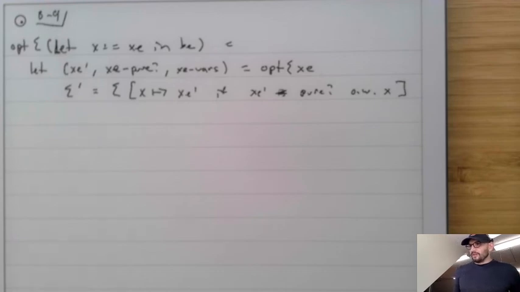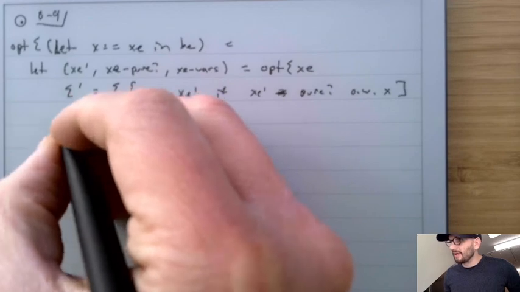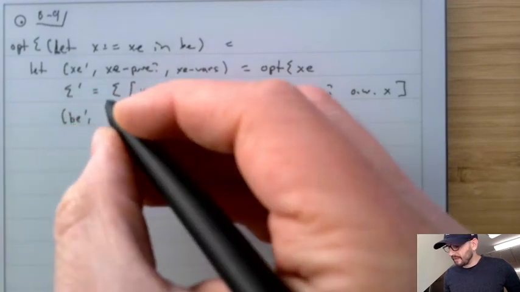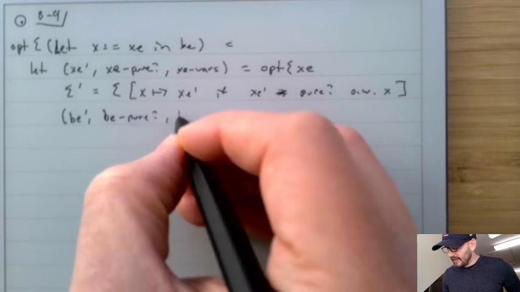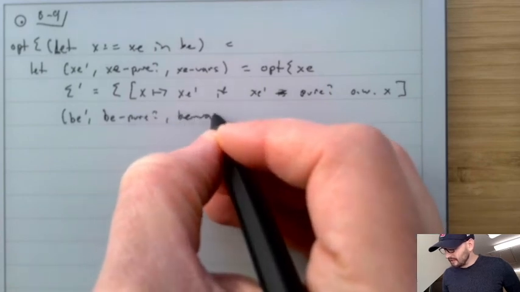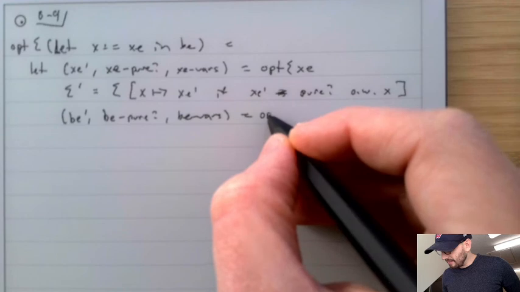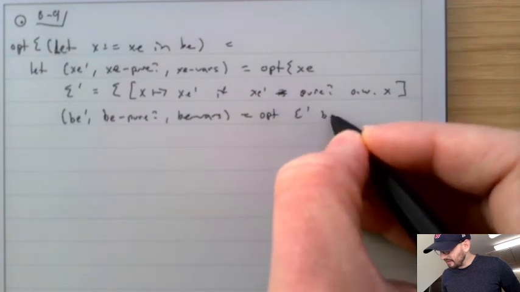And then we'll say that be prime and be pure and be vars is what we get by calling the optimizer on sigma prime and be.